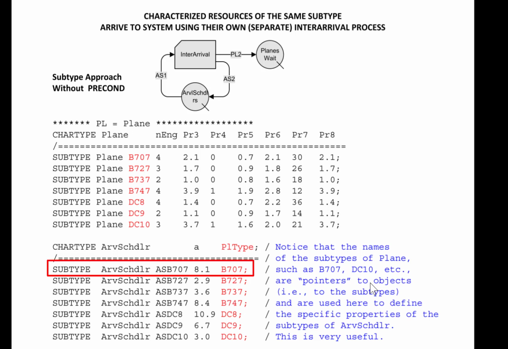For example, the subtype ASB707 has two properties. The first is 8.1, which is the expected interarrival time, and the second one is B707. That B707 is actually the pointer to the subtype of the airplane that needs to be created.